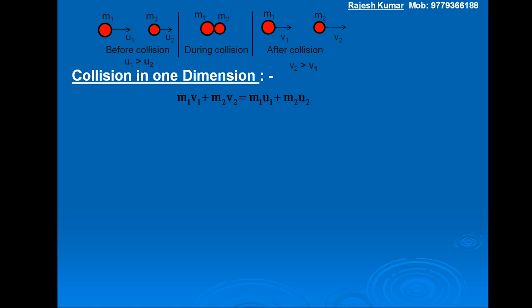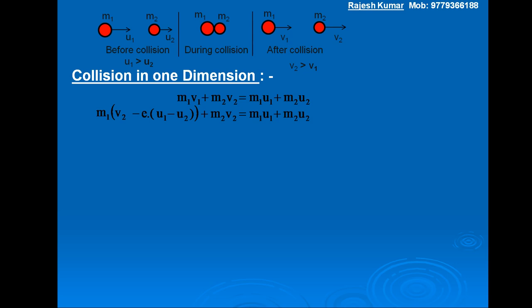This is equation number 1. So putting the value of v1, we get m1 into (v2 minus E into (u1 minus u2)) plus m2 v2. This is equal to m1 u1 plus m2 u2.